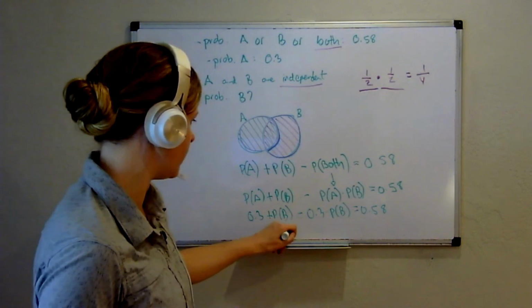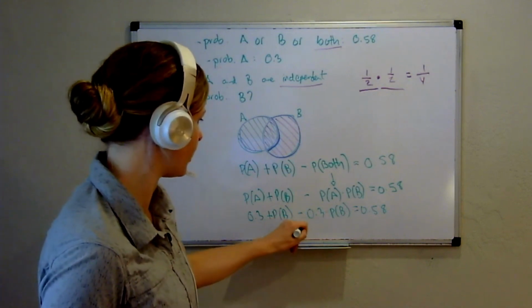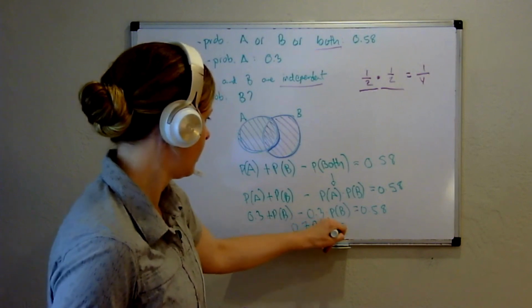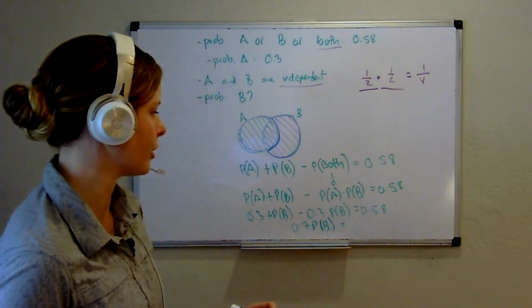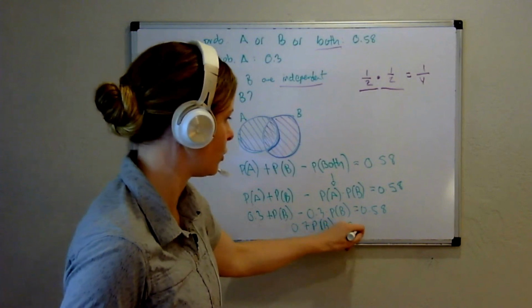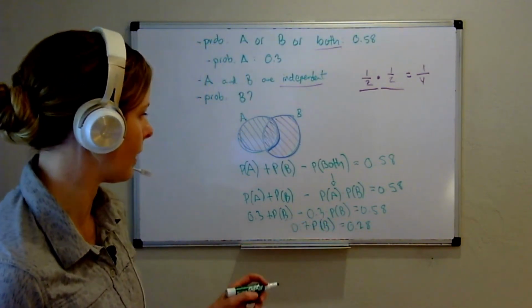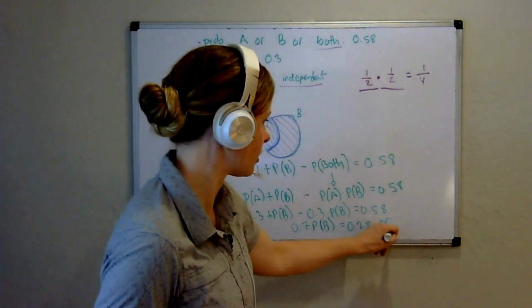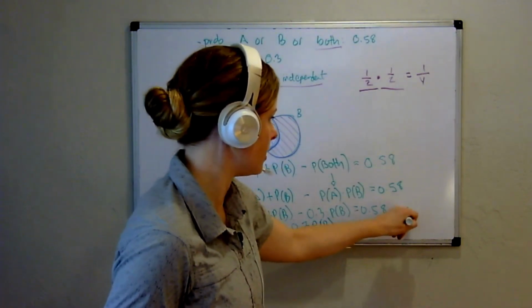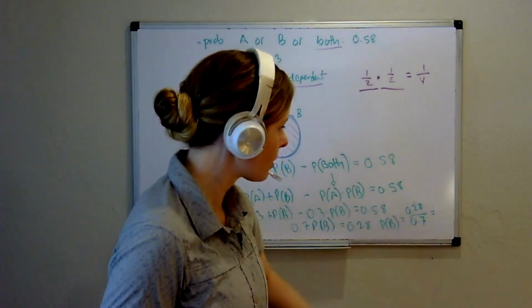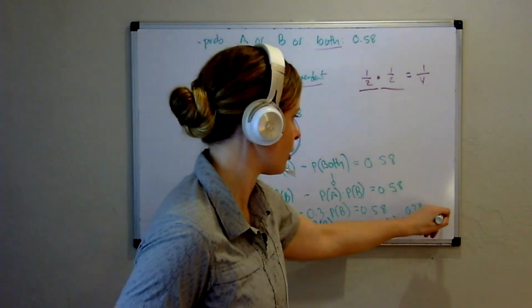This is going to be, when I combine these 2 terms, 0.7 times the probability of B. And then I will go ahead and subtract out 0.3, and I will get 0.28. And then we can just go ahead and divide both sides by 0.7. So probability of B is 0.28 divided by 0.7. And when I simplify that, I just get 0.4.